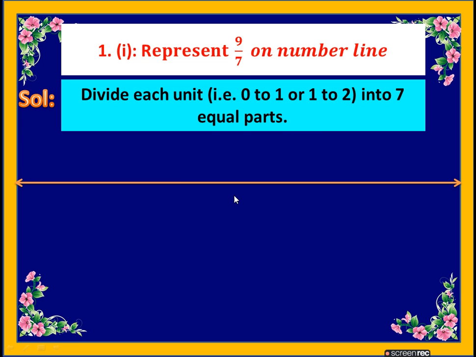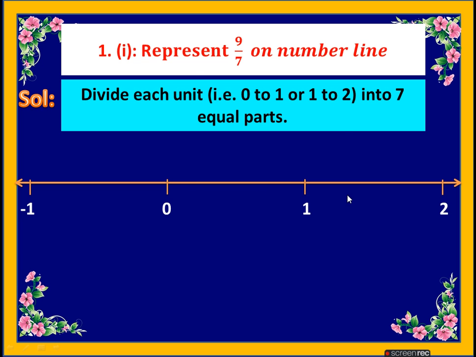Let us see. This is the number line. The first one is 0, then 1 and 2, and -1. Now each unit, 0 to 1 is a unit, 1 to 2 is a unit, 0 to -1 is a unit.